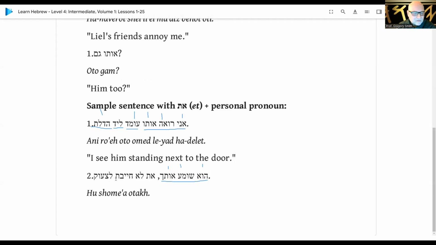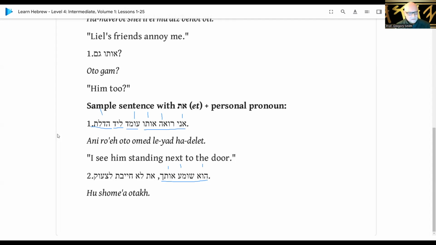Then, et lo, let's see. You do not. Haibet. Take a look at that one. At lo ha'ibet. I like this program because it's giving me a lot of new vocabulary. את לא האיבט.